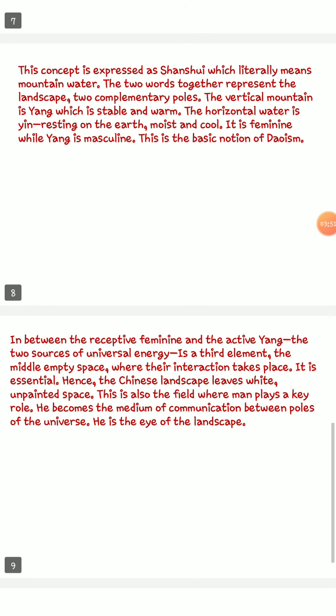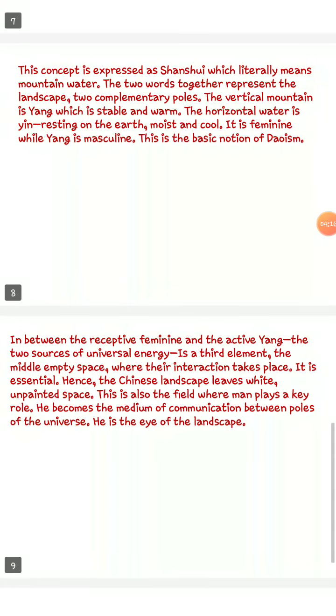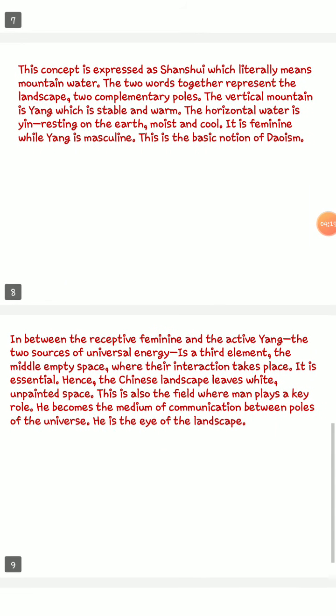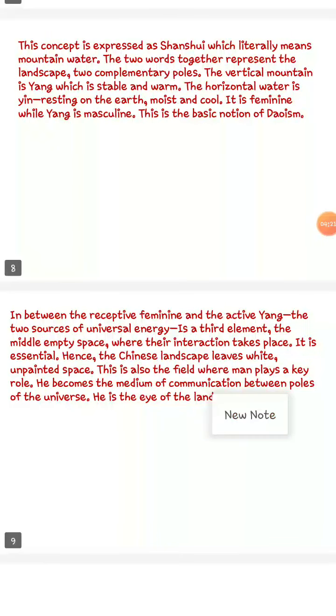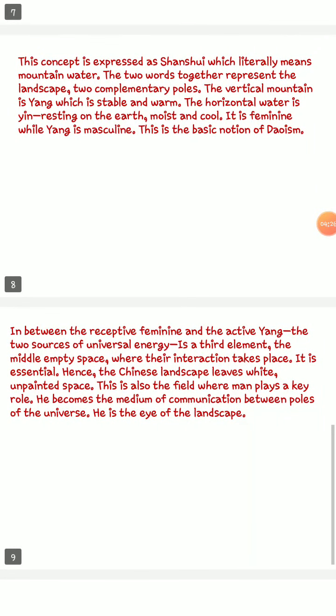Now, if we consider the concept of San Shui or yin and yang from the world perspective, then human beings act as the medium of communication between the poles of the universe. So, I repeat this line. This is also the field where man plays a key role. He becomes the medium of communication between both the poles of the universe. He is the eye of the landscape. So finally we can say it is the human being who can be referred to as the eye of the landscape.